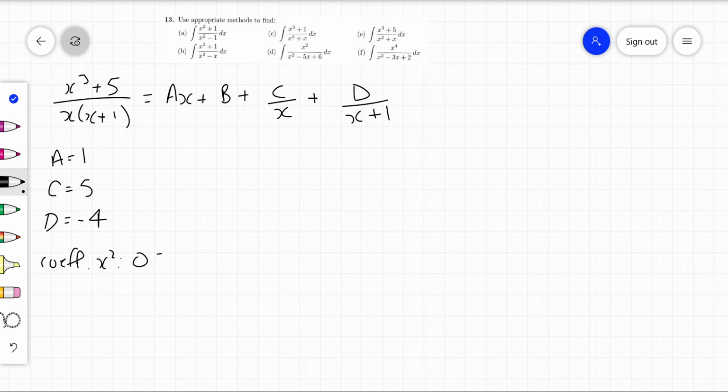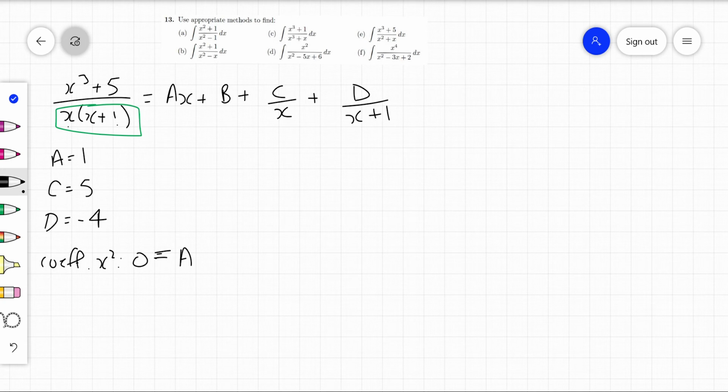If we were to expand, as in times everything by this denominator, we're just looking at the top. So when I look at the coefficient of x squared, on the left-hand side I've got nothing. And on the right-hand side I'm going to end up getting a, because you're going to have a times ax times x times 1, so that'll be a.